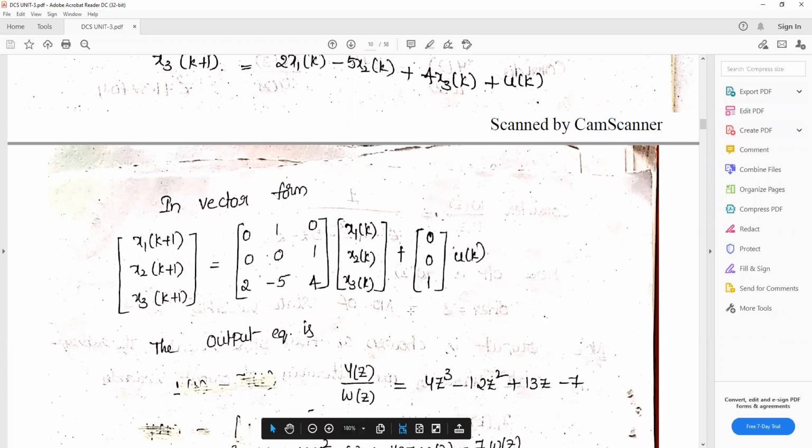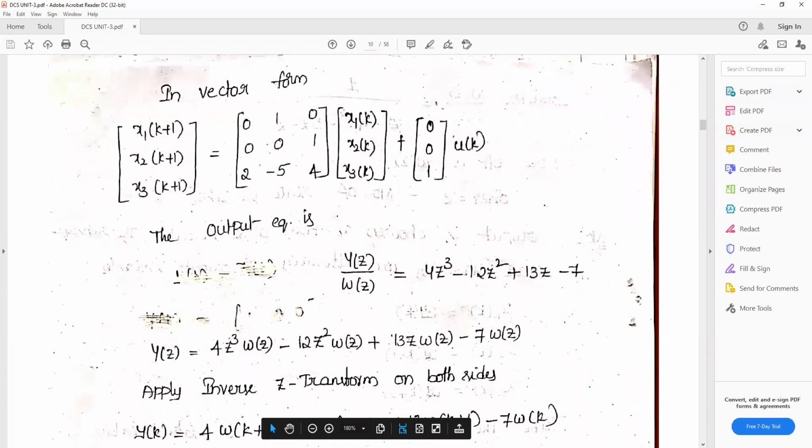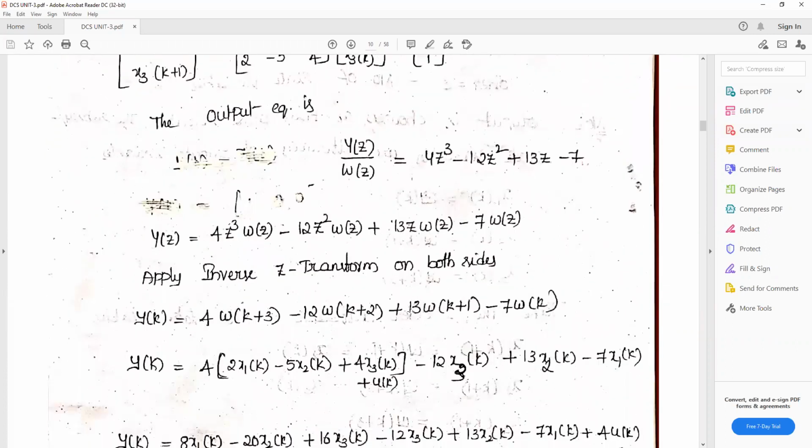The output equation follows the same process.